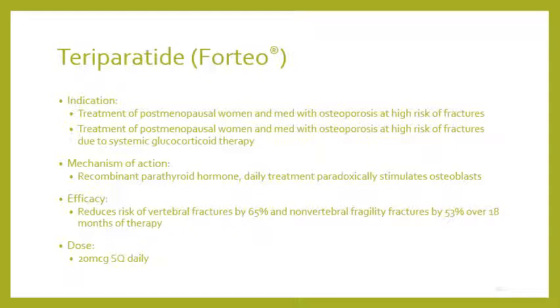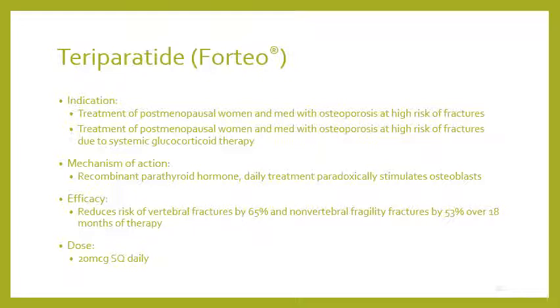Teriparatide or Forteo is another option for patients with osteoporosis. It's used specifically in the treatment of postmenopausal women and men with osteoporosis at high risk of fractures. It can also be used in the same population if their osteoporosis or fracture risk is due to systemic glucocorticoid therapy.